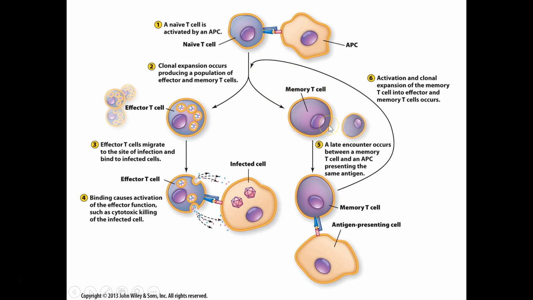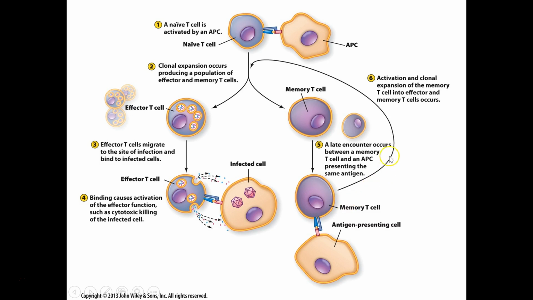We're going to produce memory cells that stick around. So that way, if the bad guy comes back again, an antigen presenting cell could activate a memory cell instead. This makes the process go much faster.